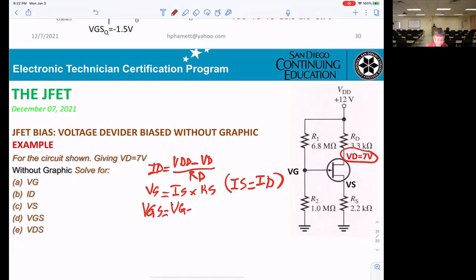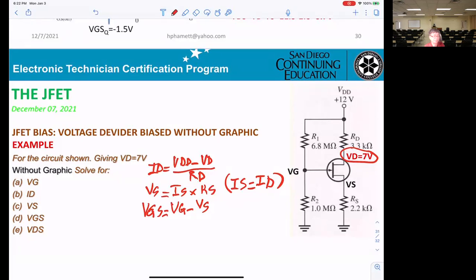VG minus VS. The thing is, normally in an interview for a technician, you don't have to do the calculation, but they ask you how do we calculate it. Like VGS, you know VG minus VS. VG is already done. VS is already done. That will be easy to calculate the VGS.